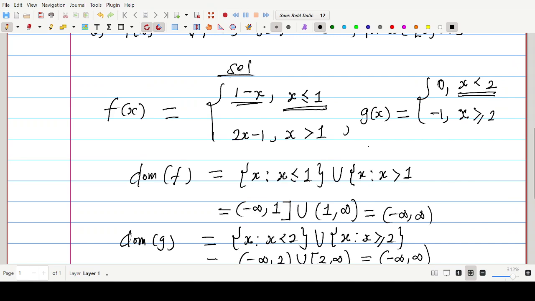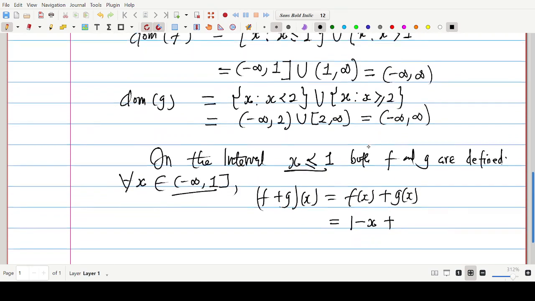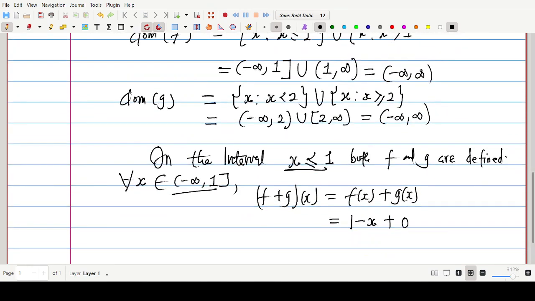So on the same interval, g of x is 0. Look at the value here. Can you see that? So I can write 0 in the place of g of x, and that will leave me with 1 minus x. Hope you see that. So we have gotten an expression on this particular interval.